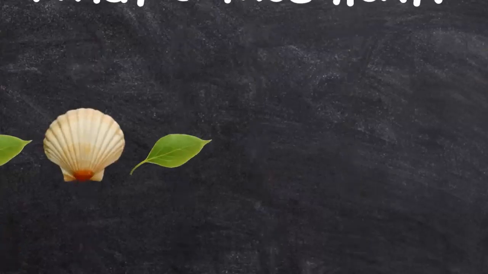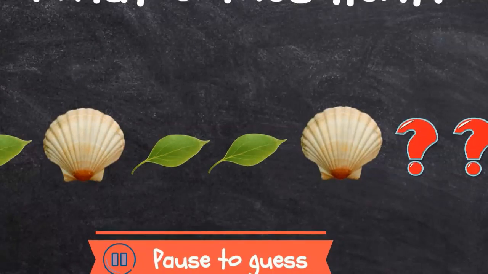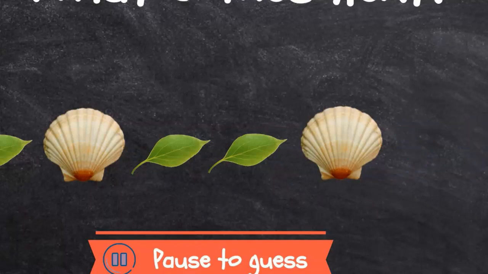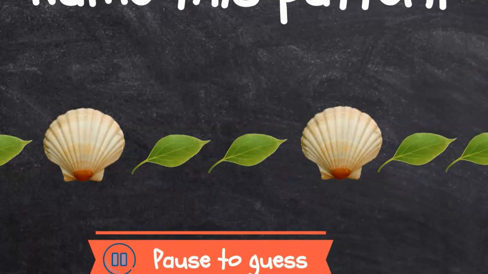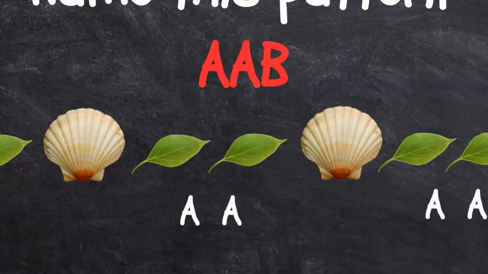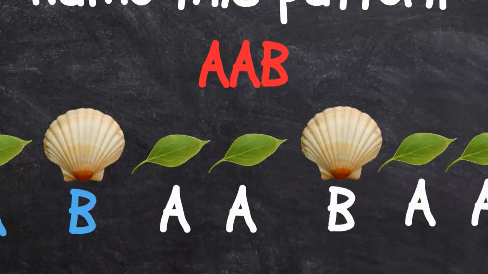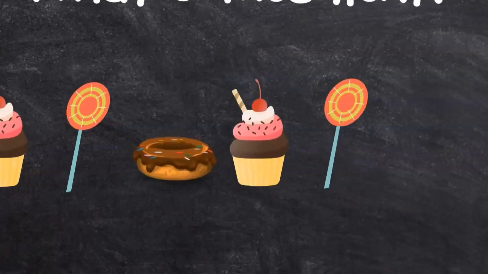Leaf, leaf, shell, leaf, leaf, shell. Can you tell me what the next two objects in this pattern are? Great, it would go leaf, leaf. Do you think you could name this type of pattern? Yes, it's an AAB pattern. The leaves are A and the shells are B. This is a delicious pattern.